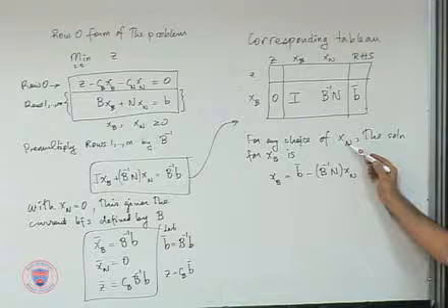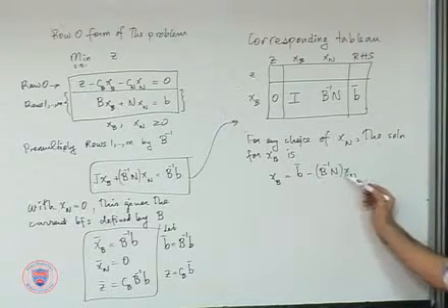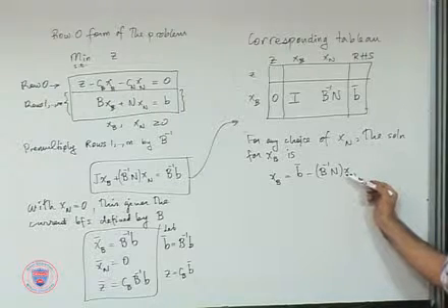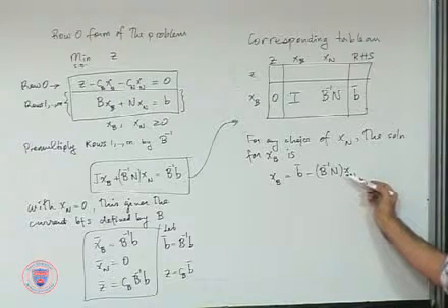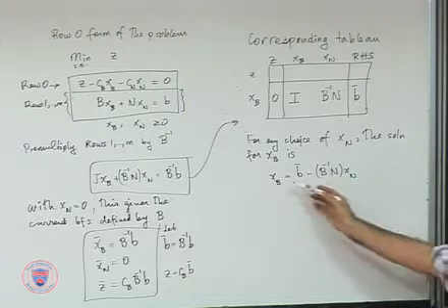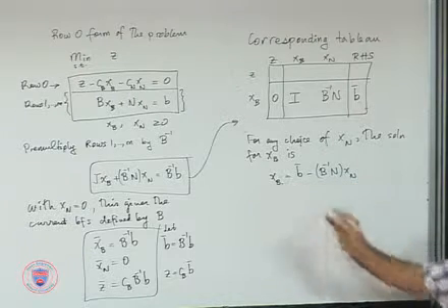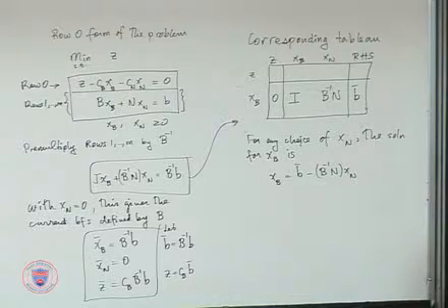Even if you choose xn non-negative, xb may turn out to be negative in some components depending on what particular xn you happen to choose. Nevertheless, this is the equation that relates the non-basic variables to the basic variables.